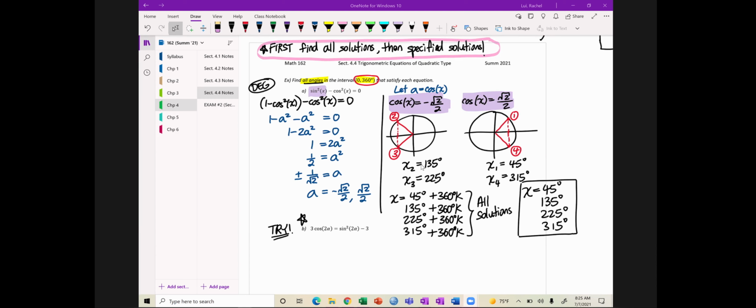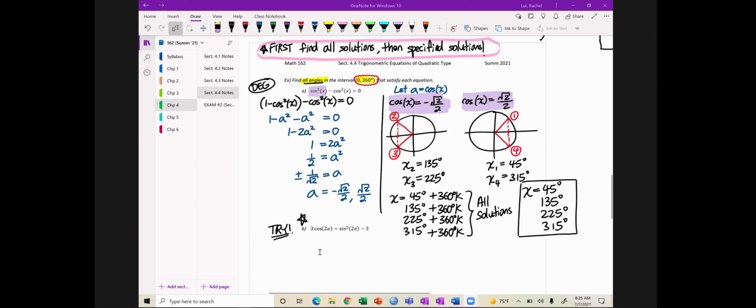Okay, I'm seeing two questions in the chat I want to address with all students. Yes, we do. Oh, we do not need to use the double angle identity here. We can just use the Pythagorean identity to rewrite sine squared of input as 1 minus cosine squared of input. And then remember, when your input isn't x or isn't the variable itself, you can still use the 3-step process to solve for the input.